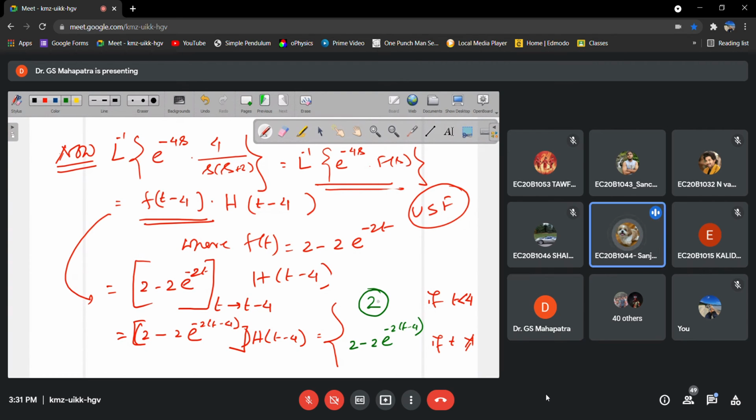In the second part, that 2 minus 2 e power minus 2 whole power t minus 4 we wrote, in that the 2 minus shouldn't be there, only the right part, 2 e to the power minus t minus 4. Are you sure? Yes, sir, first part 0, second part multiplied by minus. No, h of t minus 4 is there, here.